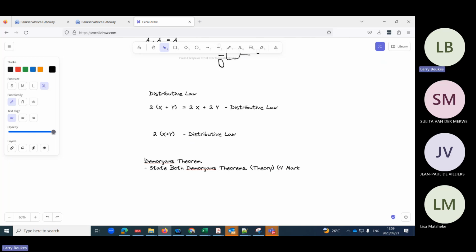You don't need a textbook for this. Just go to Google, state both De Morgan's theorems, write 4 lines in your notebook, and cram those 4 lines. Then if ever they ask it in a theoretical form, you know what you need to do.